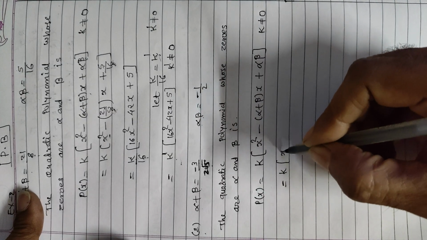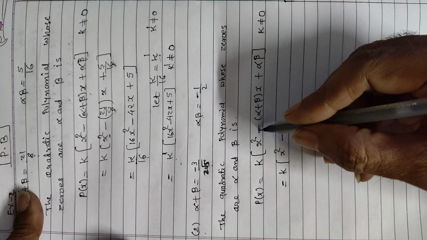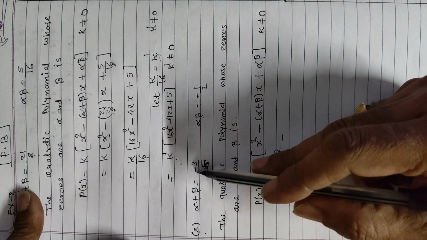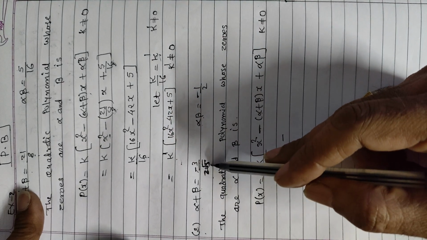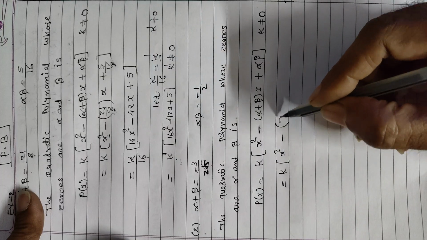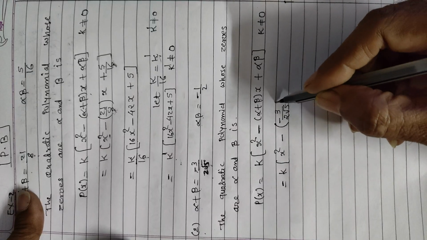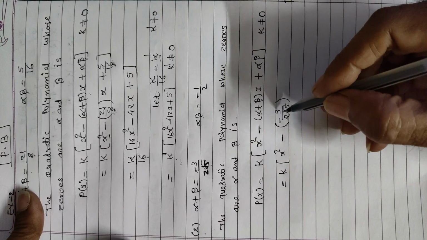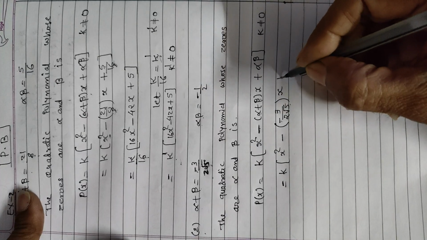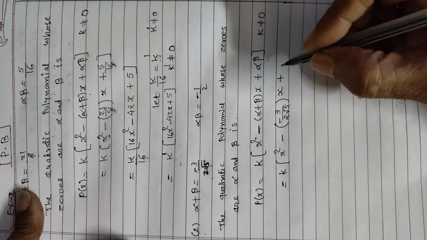k x square minus sign, this is the minus sign. Now alpha plus beta, which is given, is minus 3 upon 2 root 5. This one is minus, so it is compulsory to do the bracket. The value of alpha plus beta is minus 3 upon 2 root 5. x is written as it is, plus alpha beta is minus 1/2.